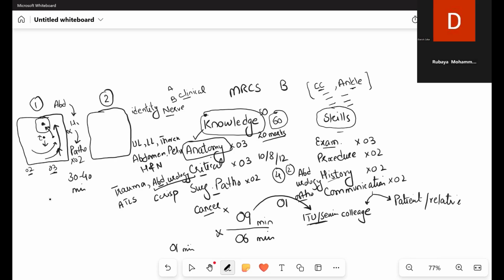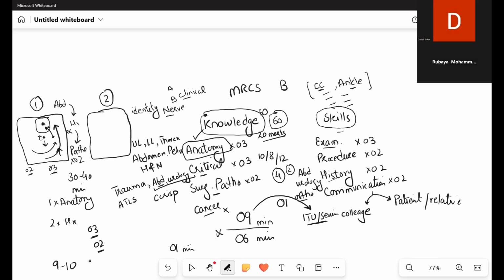For example, your first scenario is from anatomy and your second is from history. So in these 9 to 10 stations, they will complete three anatomy and two history stations. So that will make 5 stations. The second round will finish the entire category and counter the other part of the exam scenarios.